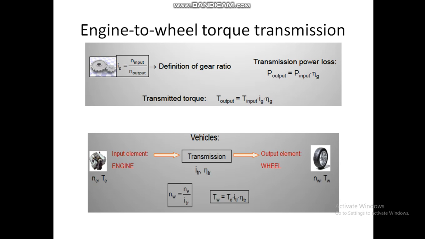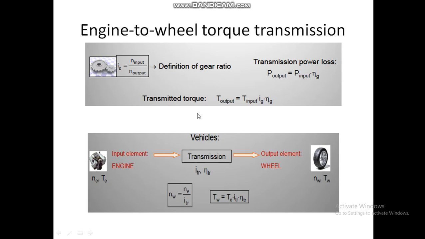So P output equals P input times eta. Eta is the transmission loss. Transmission torque: T output equals T input times i, where i is the gear ratio and eta is the power loss.